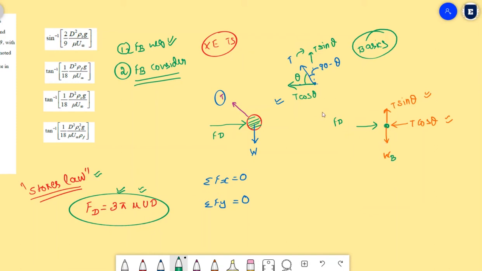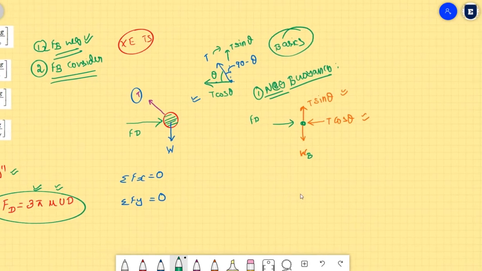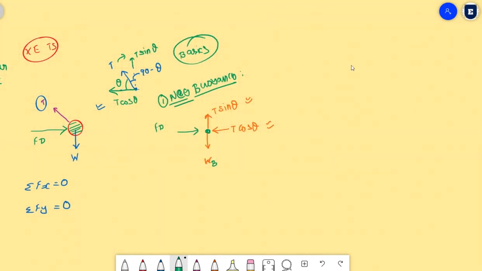This is a case where we are neglecting the buoyancy force, and that is what they are asking in this question. Suppose they ask us to consider the buoyancy force, what will happen? If buoyancy force is considered, then there will be an additional force FB.